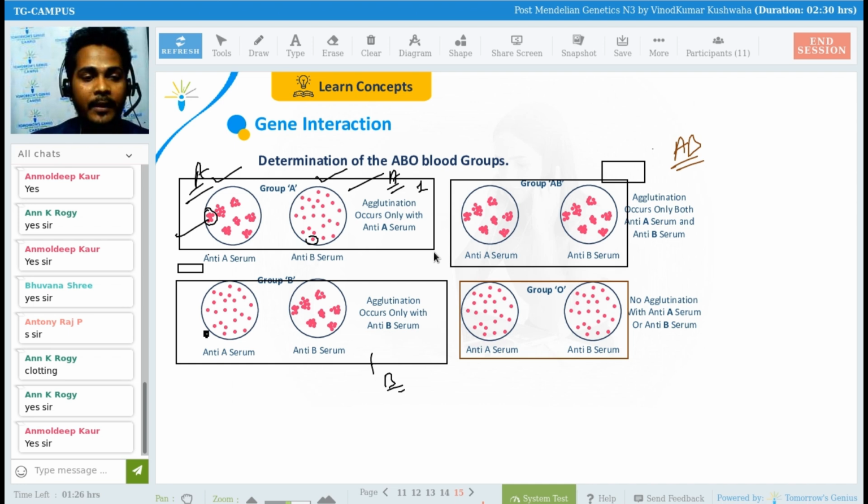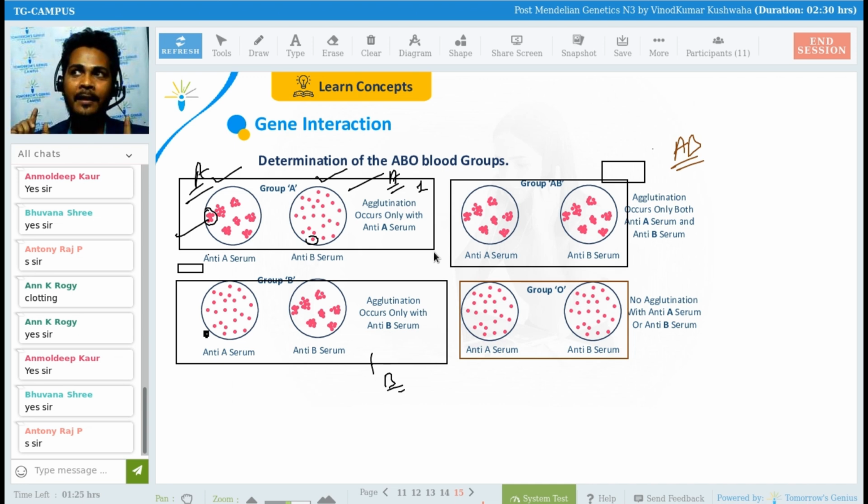Yes, I want a response from everyone. Is this clear about how to determine blood groups in pathology? This is the normal technique to determine a particular person's blood group. If you have anti-serum A and anti-serum B, with the help of them you can determine your blood group itself, because this kind of practical is generally there in the 12th or 11th standard.